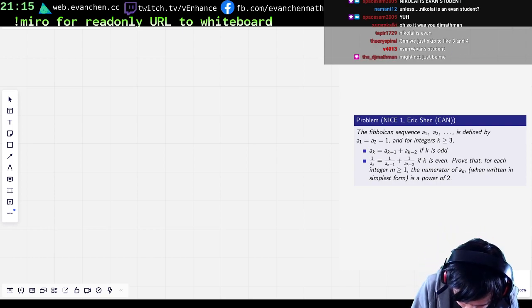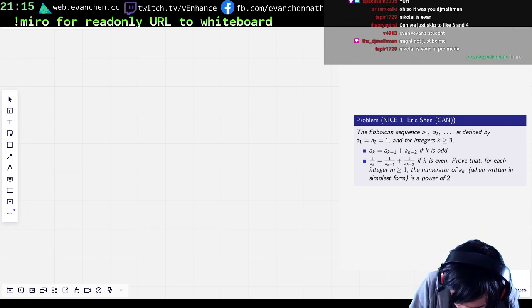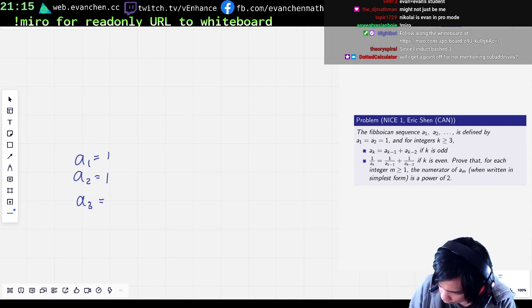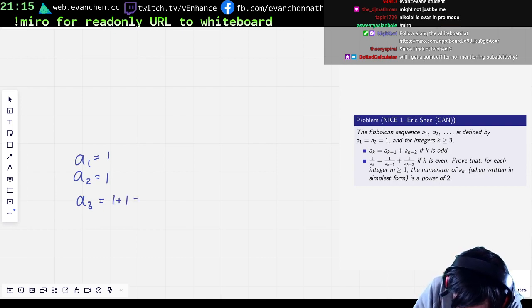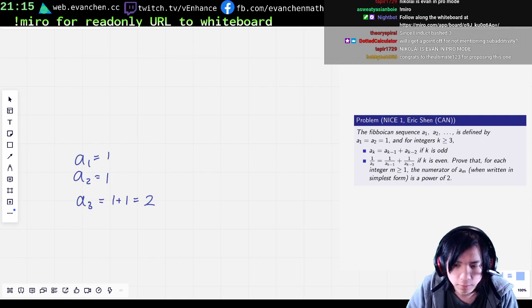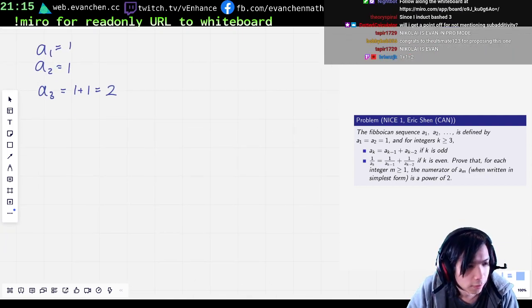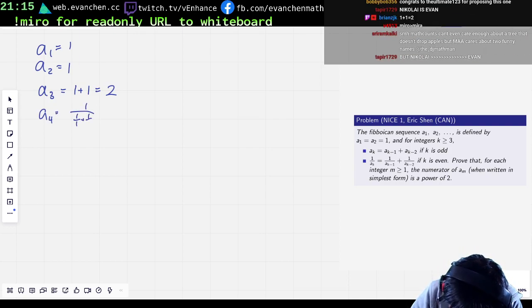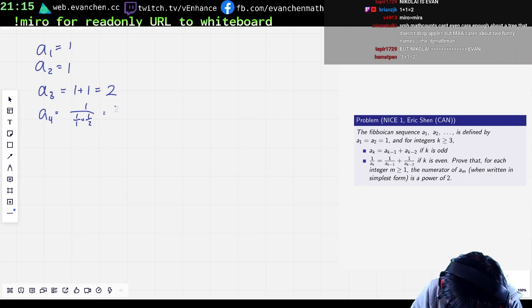Alright, so for example, a1 is equal to 1, a2 is equal to 1, and then a3 is supposed to be equal to, so let's see, 2 is even, so this should be 1 plus 1 is equal to 2. A4 is supposed to be equal to 1 over the previous 2, so 1 over 1 plus 1 over 2, which is equal to 2/3.